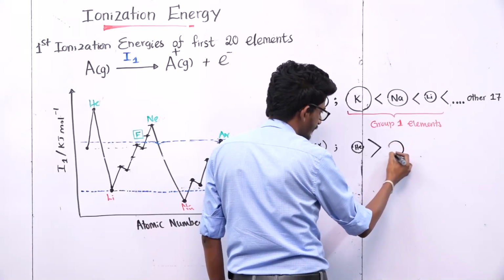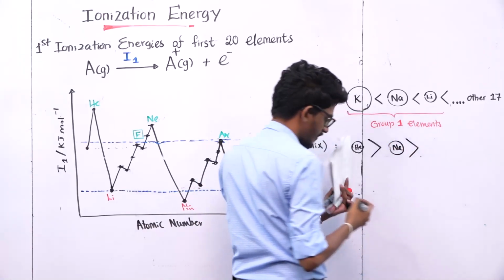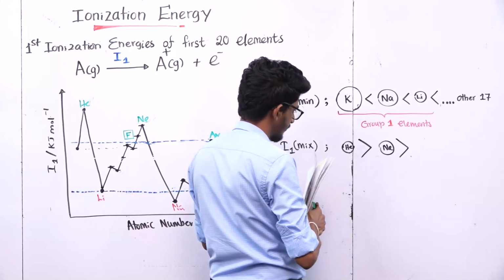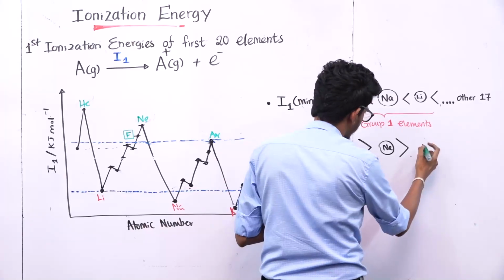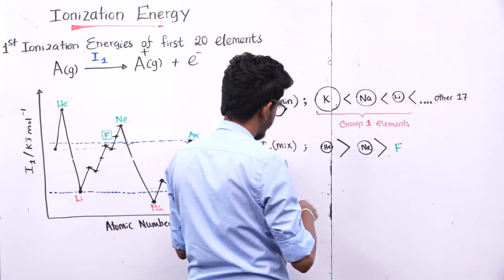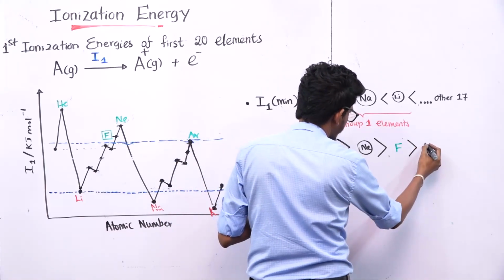So helium, neon, then we come up with the exception, the fluorine, exception, right? Then we have again the argon.